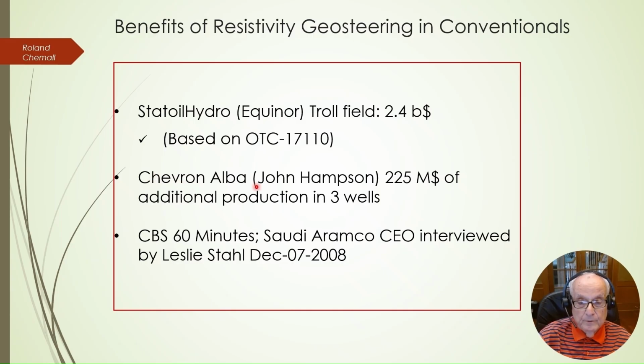Another example, it was in a small meeting. John Hampson from Chevron Alba stated that they obtained another $225 million worth of additional production from 3 wells thanks to geosteering. The third example is unbelievable.